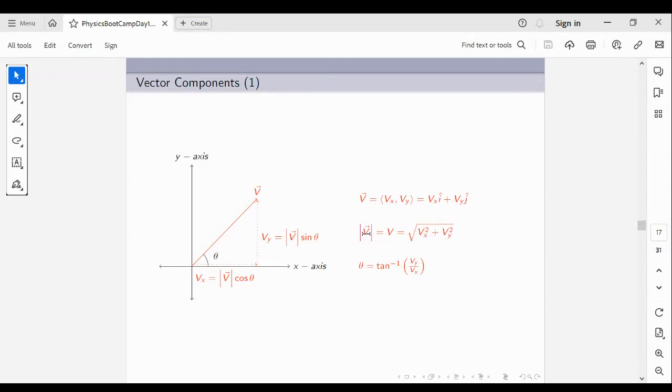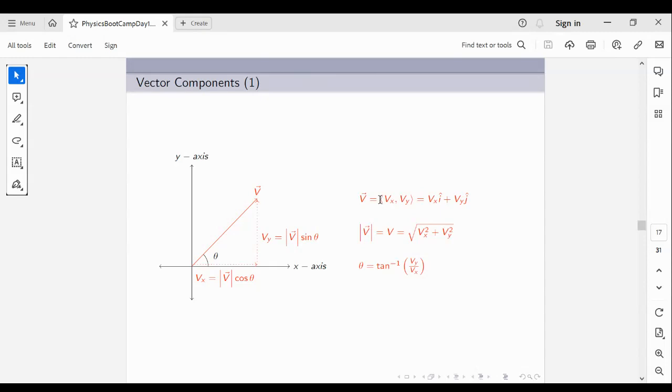Here we have a vector v in the xy plane. Vx is the magnitude of v times cosine theta, where theta is the angle the vector makes with the positive x-axis, and Vy is the magnitude of v times sine theta. And this is just notation. V is often expressed in component form in the following manner.